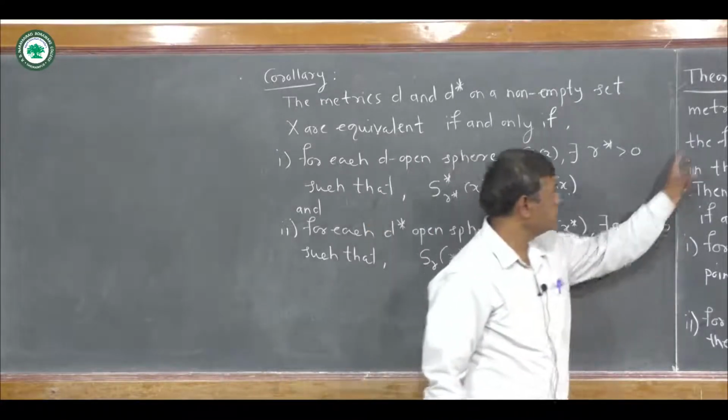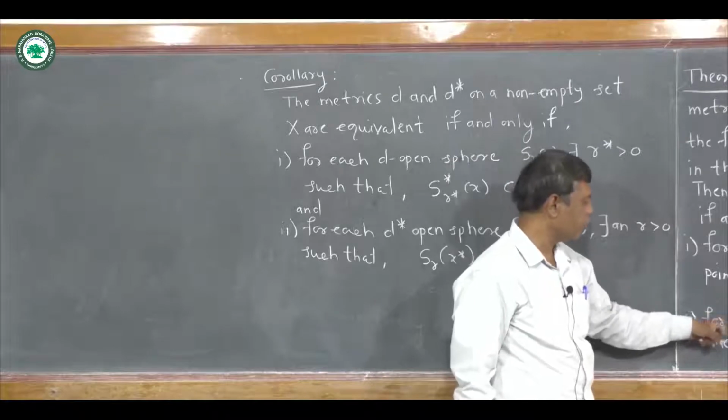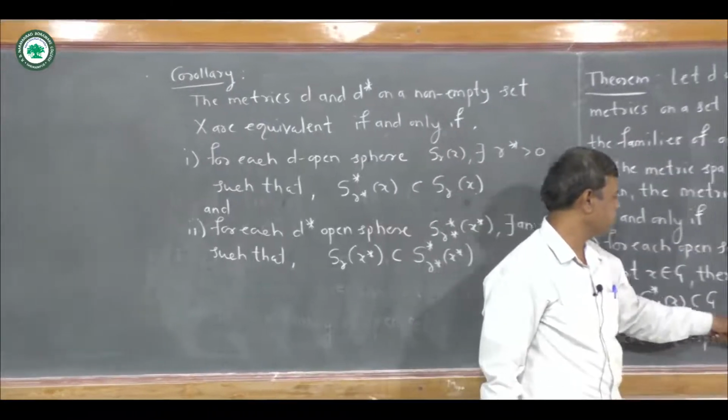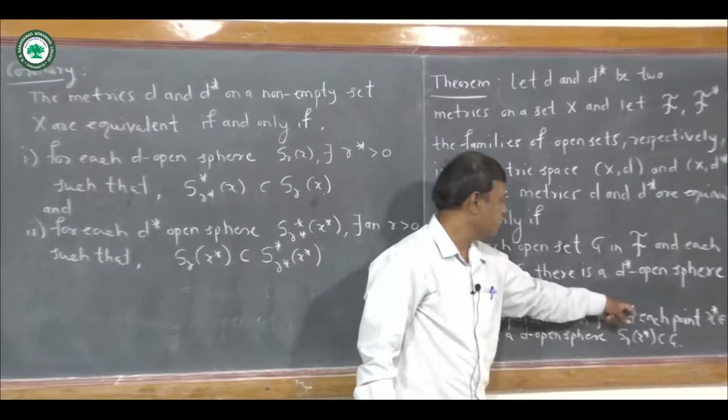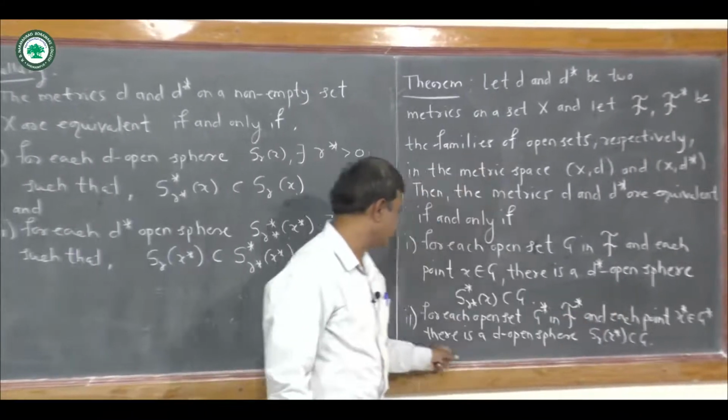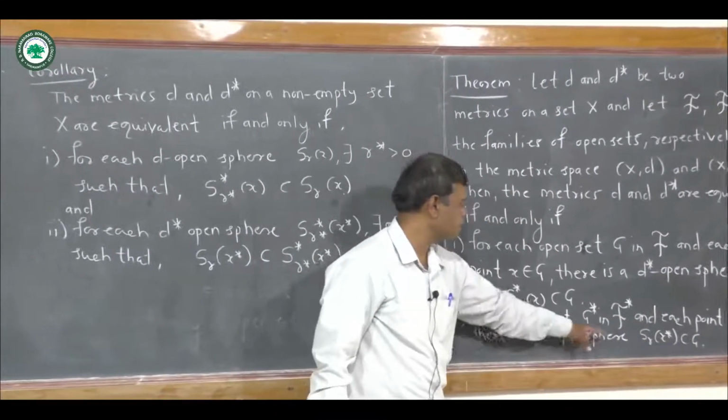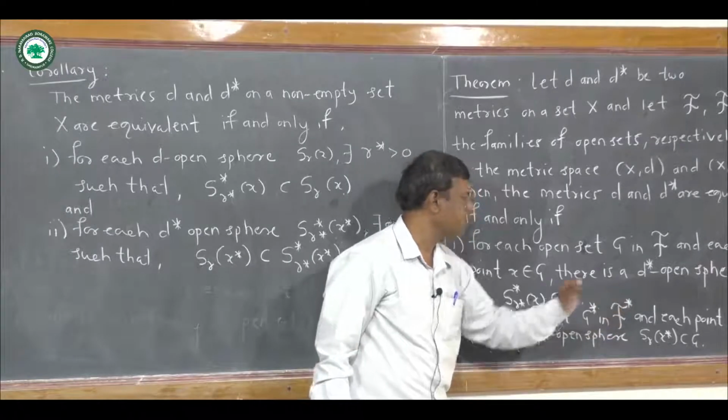Now in the theorem we have this condition: for each open set G star in F star and each point X star belongs to G star, there is a D open sphere S R X star contained in G.